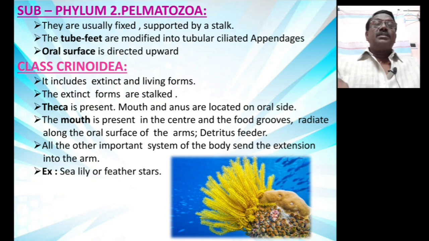The mouth is present at the center of the food grooves, which radiate along the oral surface of the arms, and it is also a detritus feeder. All the other important systems of the body send extensions into the arm. The common examples are sea lily or feather stars.